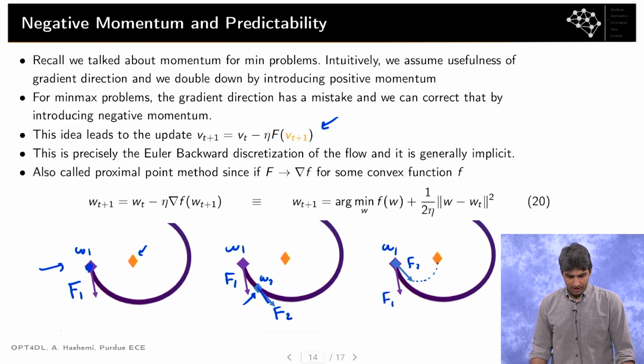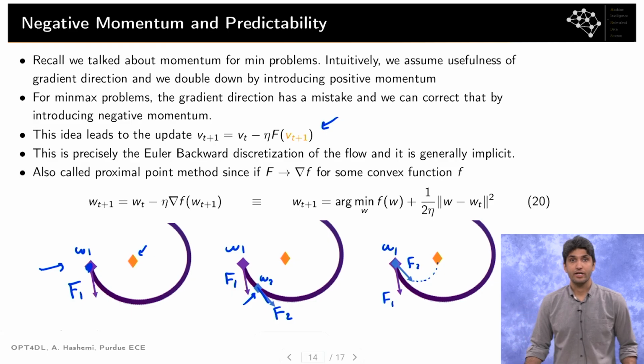And in general, as is readily seen, this is going to be an implicit update. So it means that if I want to find the next update, I have to solve a nonlinear system of equations, because capital F in general could be highly complex.